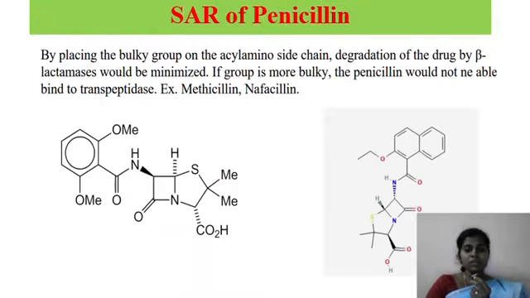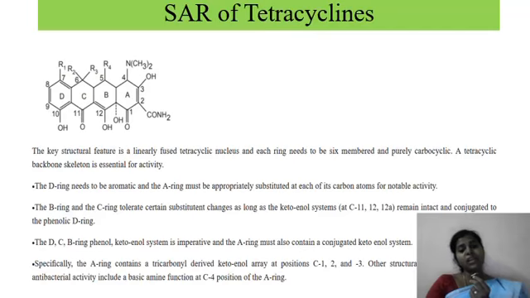Next we'll see the structural activity relationship of tetracyclines. Tetracyclines are a class of broad spectrum antibiotics which fight against gram-positive as well as gram-negative bacteria. The most important feature of tetracycline is the presence of a linearly fused tetracyclic nucleus.